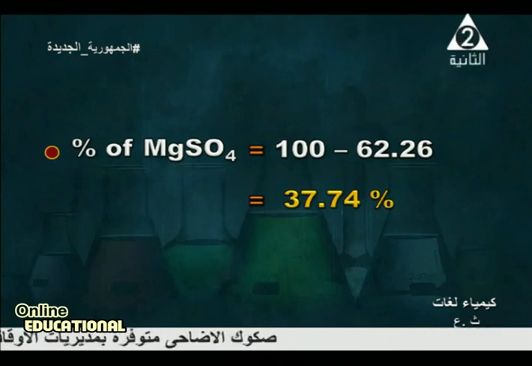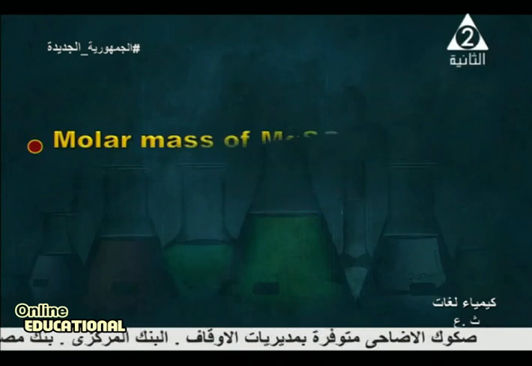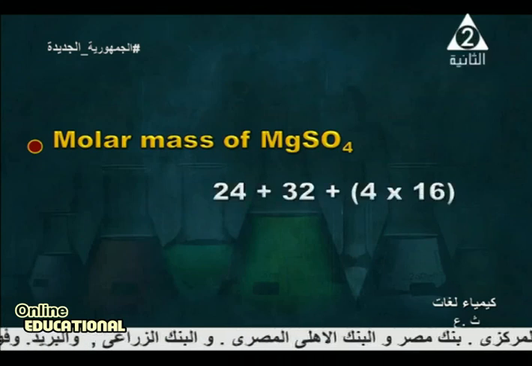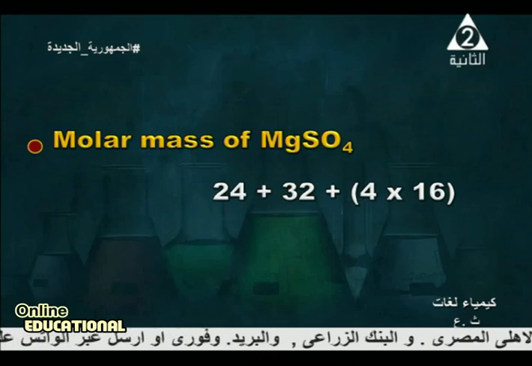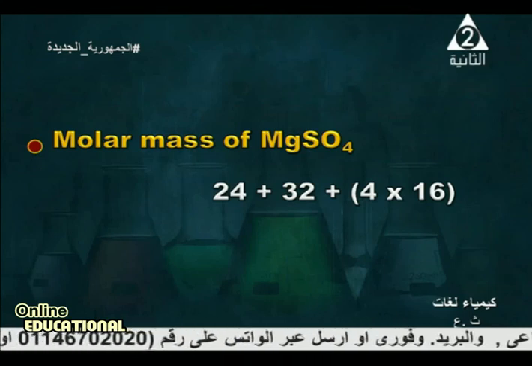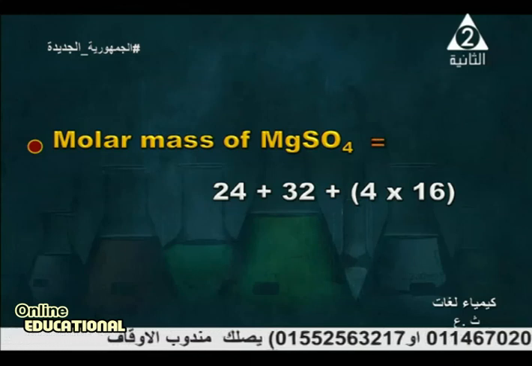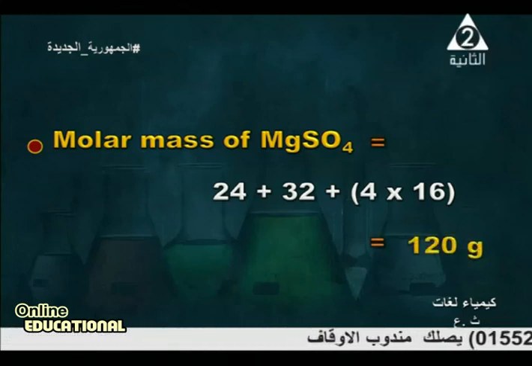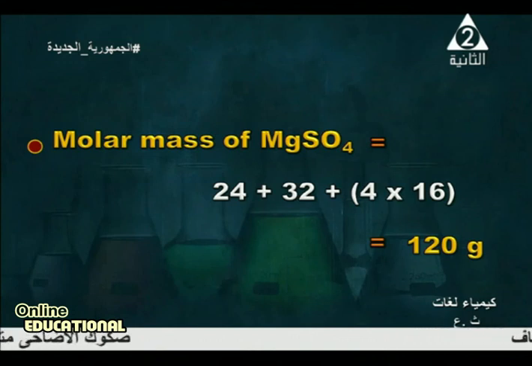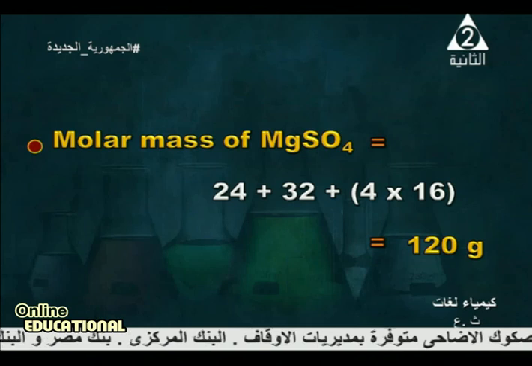What do you do after that? I say the molar mass of magnesium sulfate equals 24 plus 32 plus 4 by 16. Directly what do you have? I have here 120 for magnesium sulfate by its molar mass.